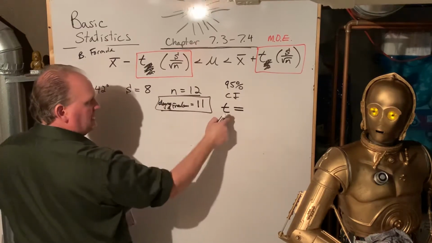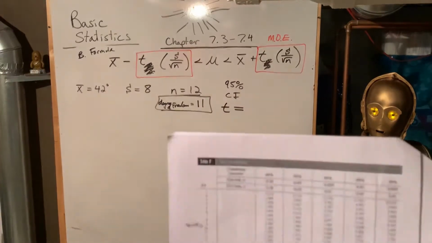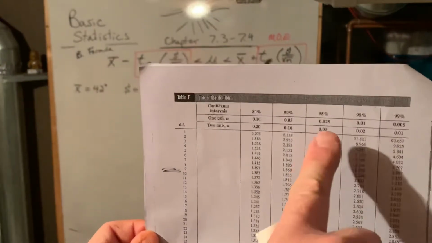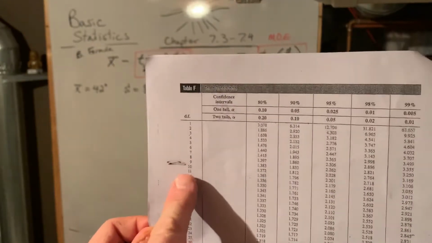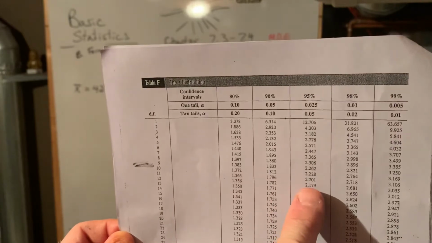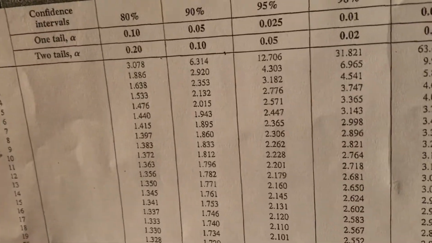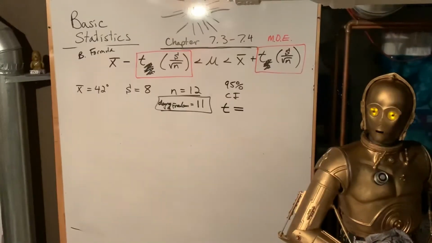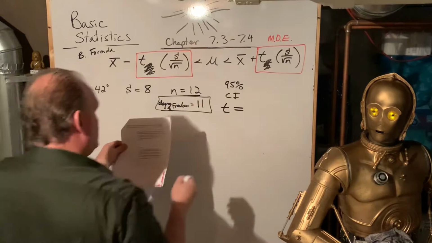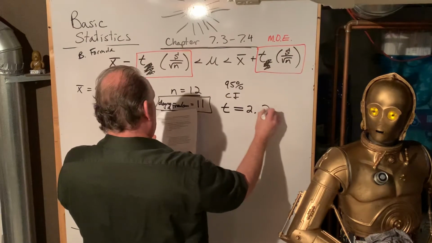That's what we're looking up on the chart for the t-score. So 95% confidence, and we go down to 11 and follow that over: 2.201. 95% confidence with 11. All right? So let's write that down: our t-score is 2.201.